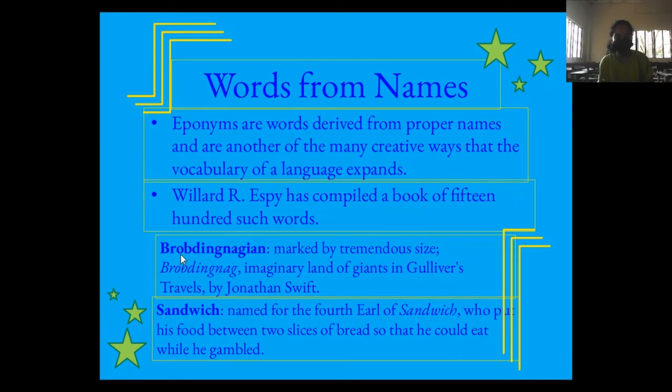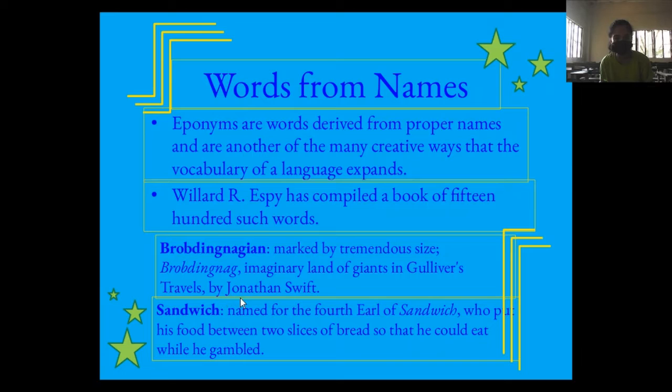I have this example, Brobdingnagian, marked by tremendous size. I have been using this word when I want to describe something that is so massive and big. As I browsed it, this was actually derived from the imaginary land of giants in Gulliver's Travels by Jonathan Swift.